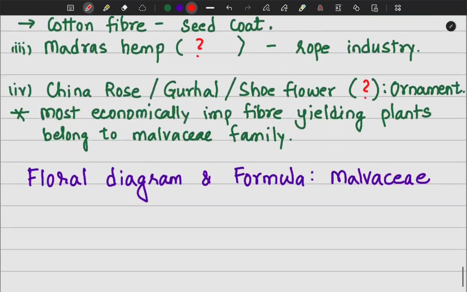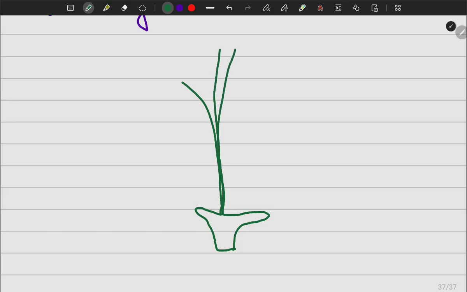So let us understand with the help of a diagram. So if this is the thalamus of the flower, then these are the stamens which are usually many in number, and their filaments are fused together.